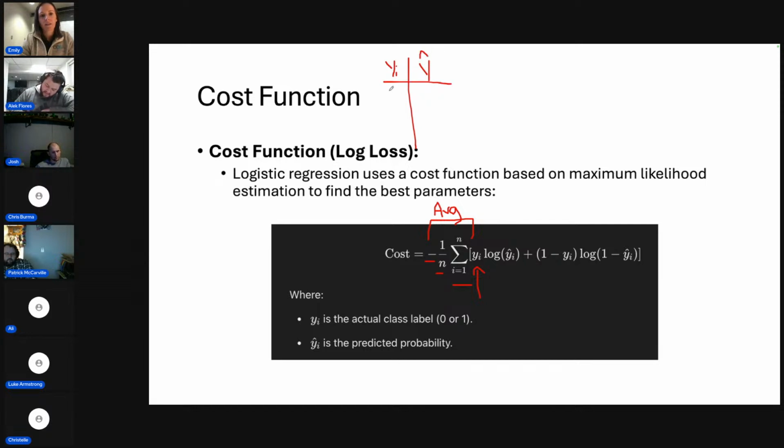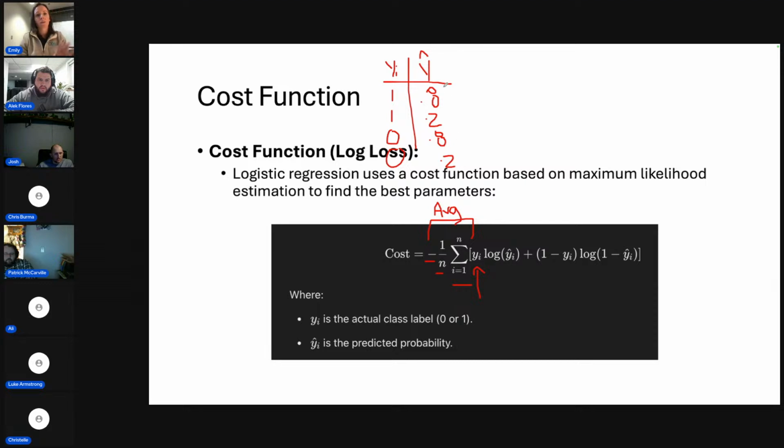So there's a couple different scenarios that can happen. And y hat's a probability. So let's do 1, 1, 0, 0. And let's do 0.8, 0.2. This really does lean better towards a whiteboard. 0.8 and 0.2, okay?